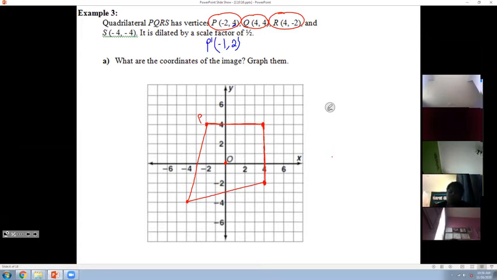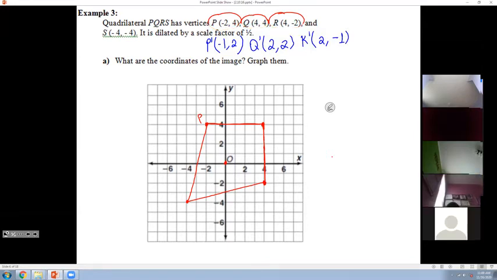How about Q prime? Q prime is 4 times 1 over 2 is 2, and 4 times 1 over 2 is 2. This is done. How about R prime? 4 times 1 over 2 is 2, and negative 2 times 1 over 2 is negative 1.